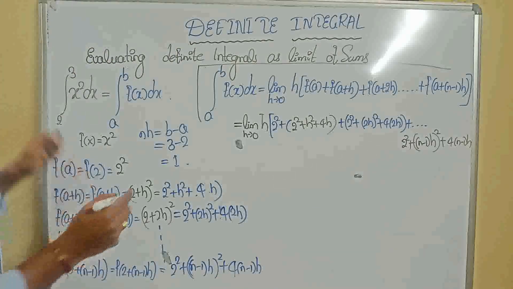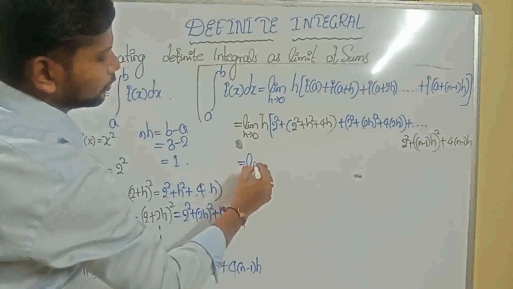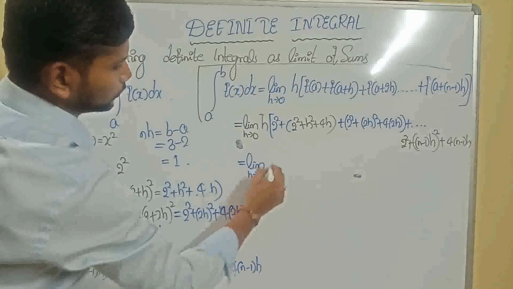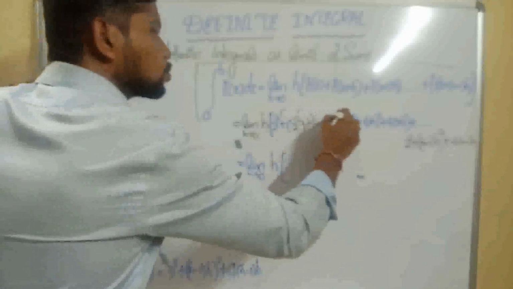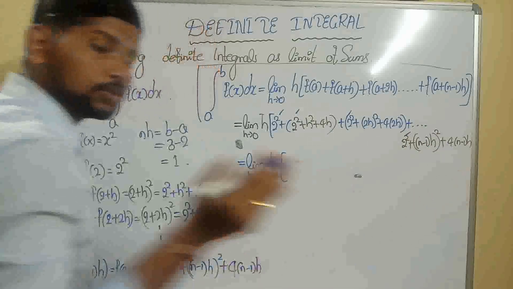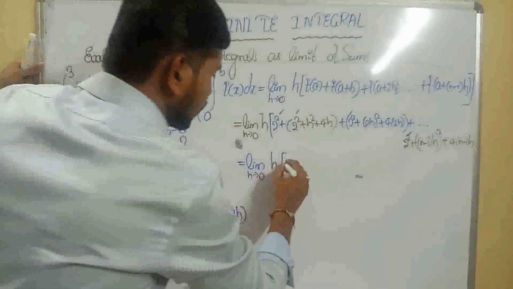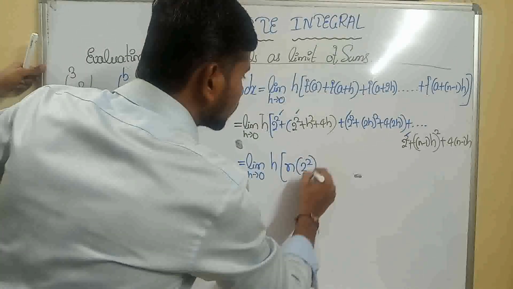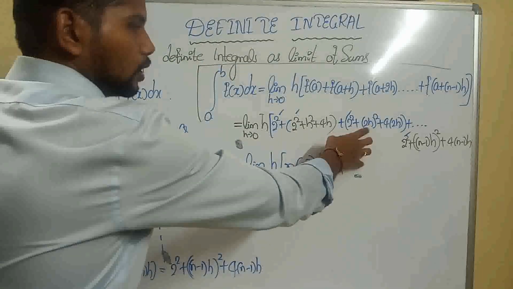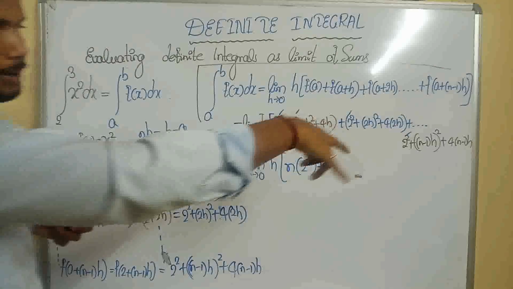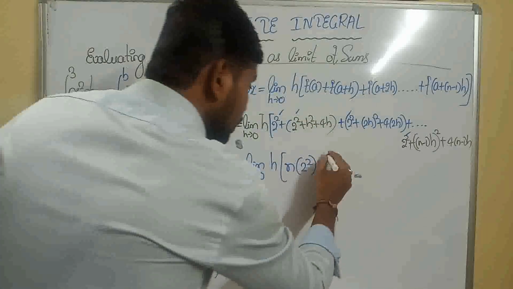Okay, now I need to simplify it. Limit as h tending to 0, h into bracket, concentrate here. 2 square, 2 square, 2 square, 2 square. How many times 2 square? n times, that's why n into 2 square. After that, h square, (2h) whole square, (3h) whole square, like that up to (n minus 1) into h square. H square is outside.